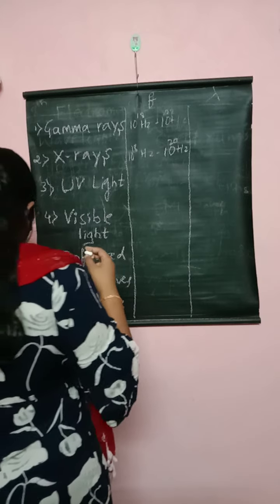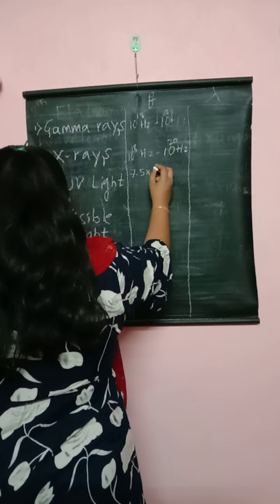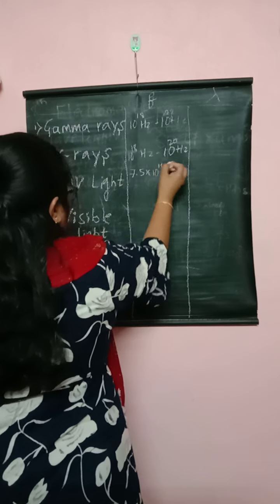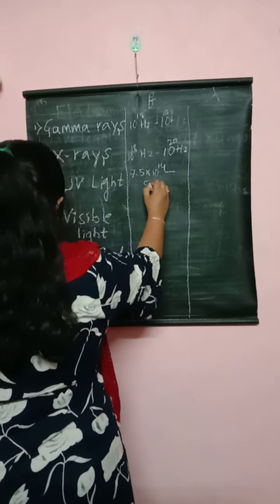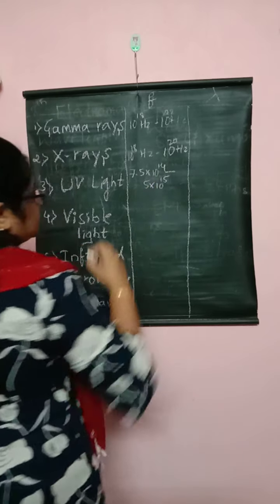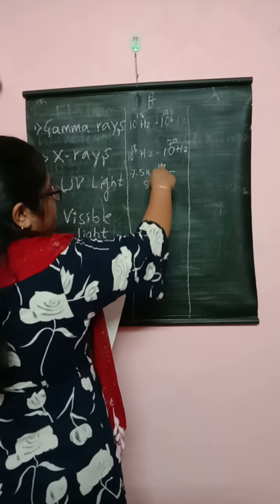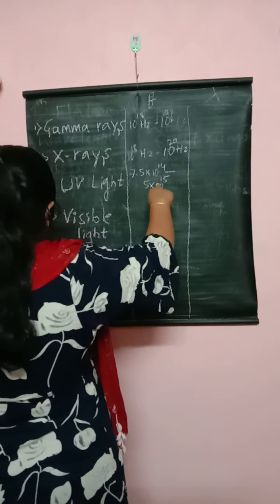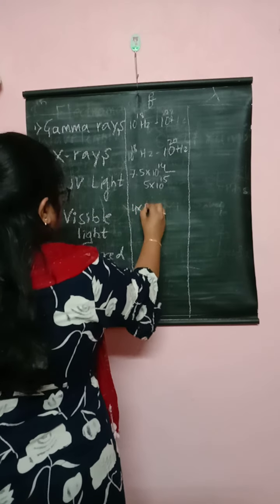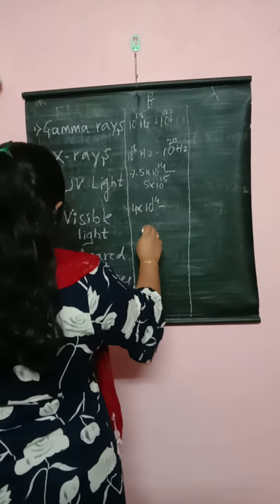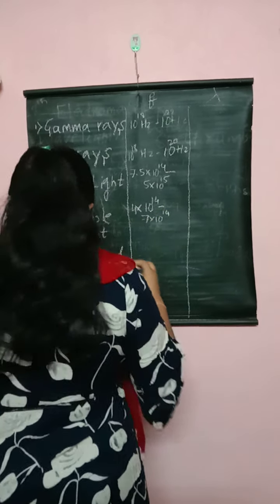UV light has the frequency 7.5 into 10 raised to 14 hertz to 5 into 10 raised to 15 hertz. Go on writing the hertz. Visible light has a frequency 4 into 10 raised to 14 hertz to 7 into 10 raised to 14 hertz.